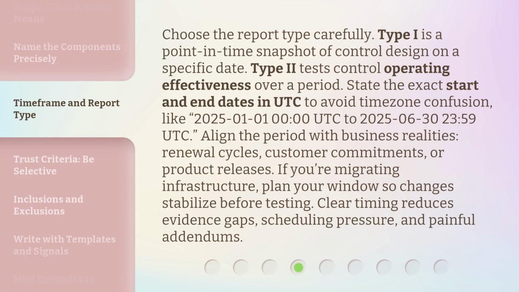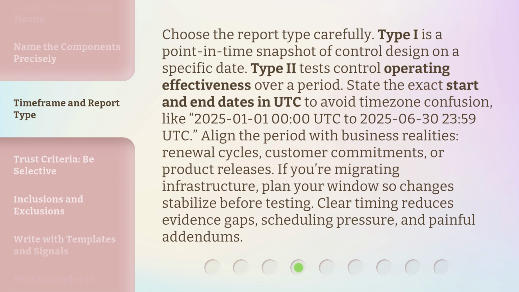Choose the report type carefully. Type 1 is a point-in-time snapshot of control design on a specific date. Type 2 tests control operating effectiveness over a period. State the exact start and end dates in UTC to avoid time zone confusion, like the 1st of January 2025 0000 Coordinated Universal Time to the 30th of June 2025 2359 Coordinated Universal Time.